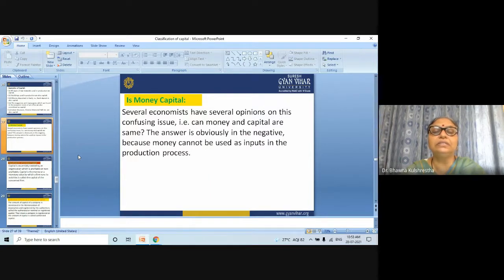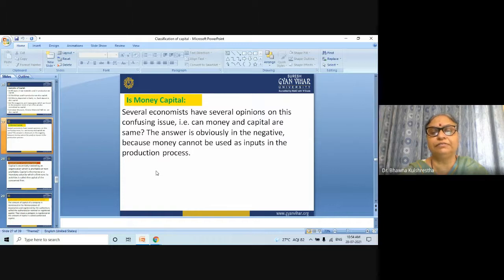The answer is obviously in the negative, because money cannot be used as an input in the production process.